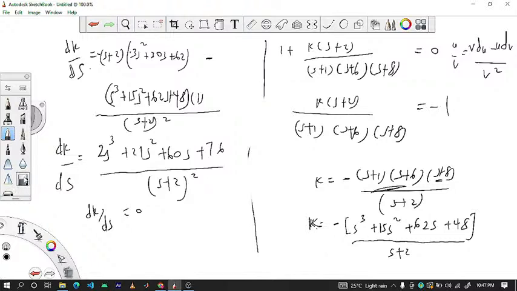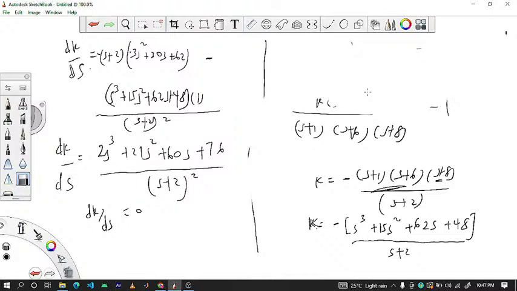So we'll equate this fraction to be equal to 0. Okay, let's move on.